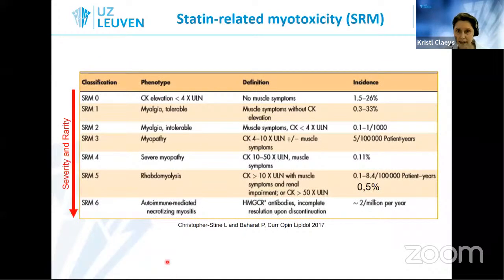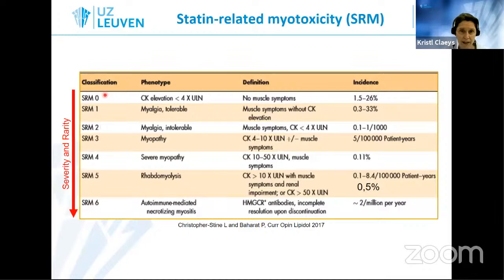Now, statin-related myotoxicity, or SRM, is classified from SRM 0 to 6. SRM1, for instance, is more frequent than SRM6, but the severity increases. So SRM1 is much milder than SRM6. You have an increasing severity and rarity from 1 to 6.